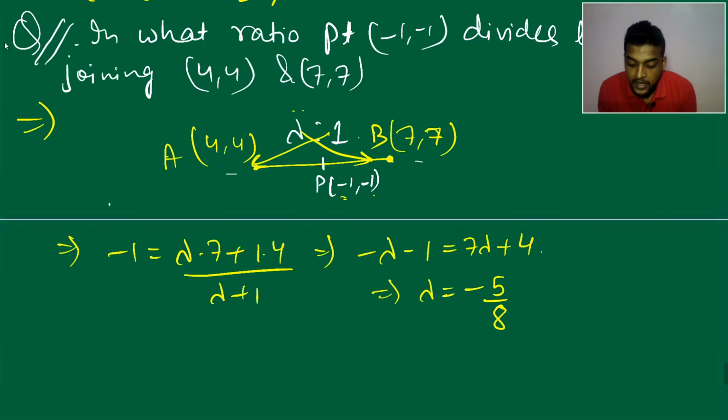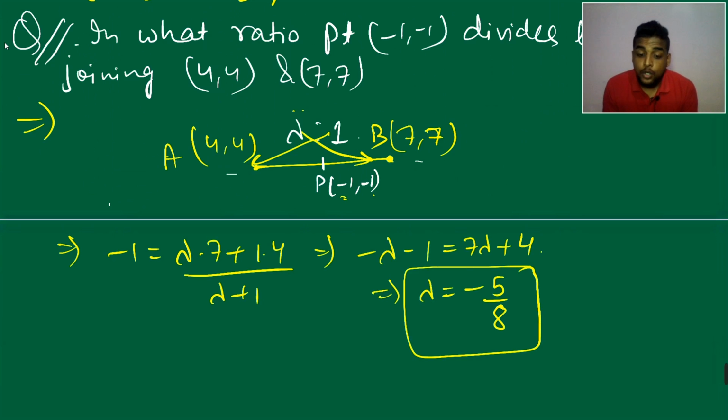Okay, everyone, by logic or by graph, if you plot -1 comma -1 it will come here. But suppose, as we supposed before, that we don't know where -1 comma -1 is, and let that point P be in between AB.